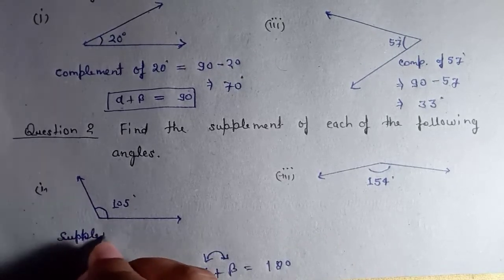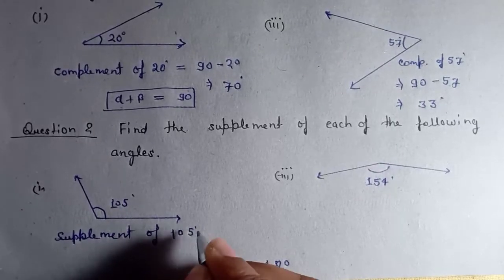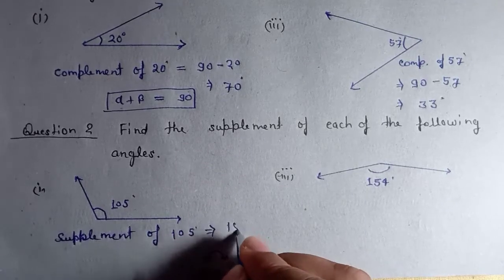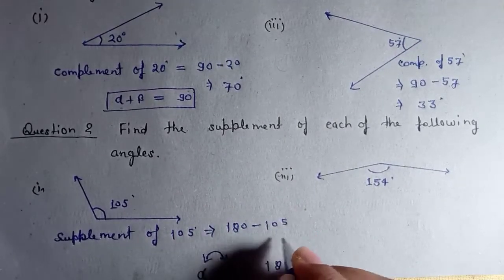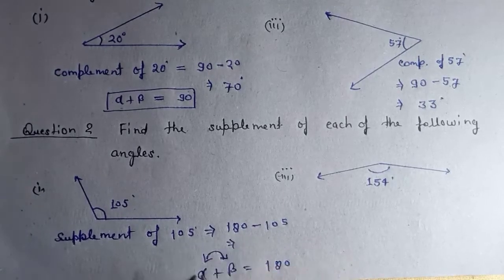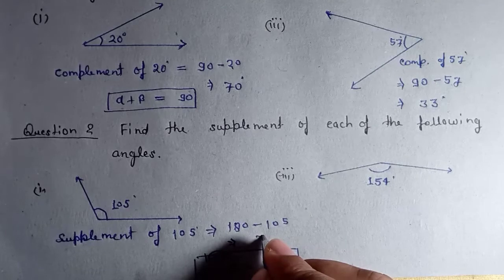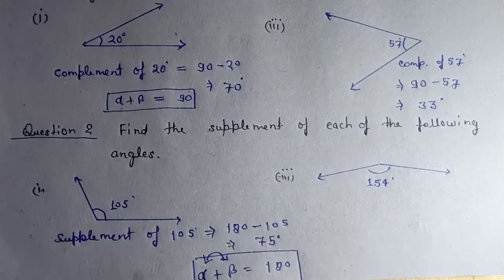So the supplement of 105 is equal to, now you have to subtract this 105 from 180, this is the formula here, and you will get 75 degrees. About this we have to find the supplementary angle.